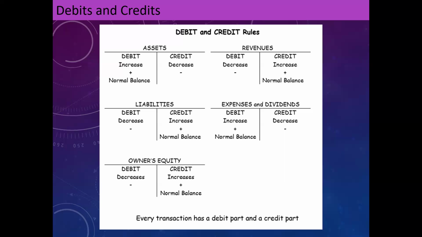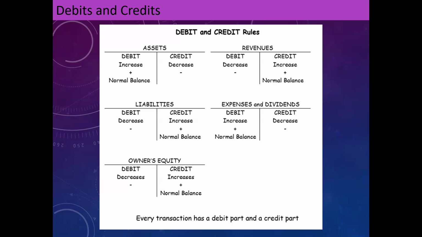If you'll think of debit and credit simply as terms that mean left and right, it'll actually be a lot easier. The reason it's confusing is that some types of accounts are increased by a debit, but other types of accounts are decreased by a debit. So if we start trying to always think of the terms debit and credit as meaning increase or decrease, it can be confusing. Instead, let's think of them as left or right.